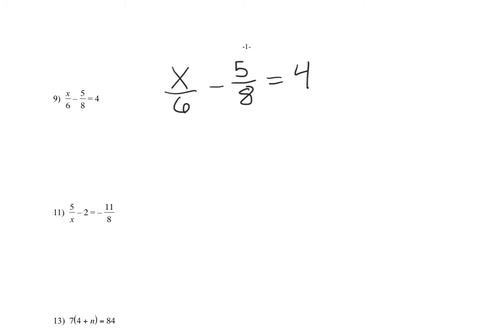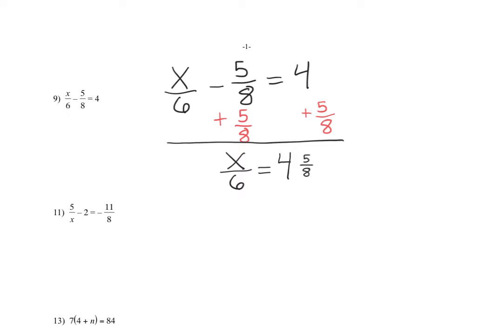Right now, the term that's keeping my x term from being by itself is this 5/8, and it's being subtracted. So to undo that, I'm going to add 5/8 to both sides of my equation. When I do that, I end up with x divided by 6 is equal to 4 and 5/8.